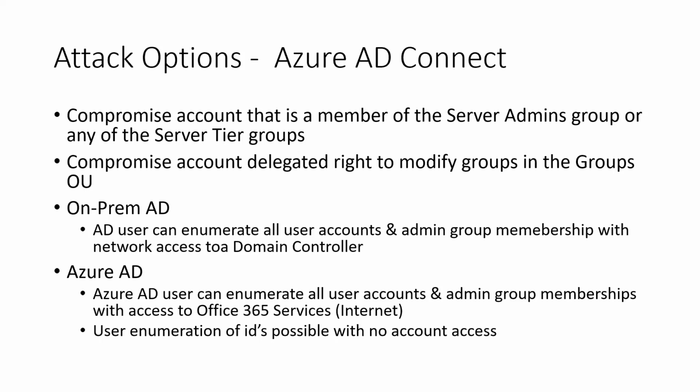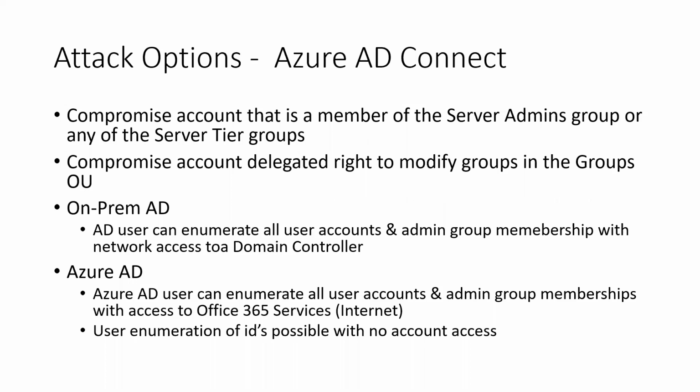So any account with either of those 2 types of permissions or memberships, you want to keep an eye on. And in previous presentations we talked about auditing this through something like Bloodhound, so cover that.